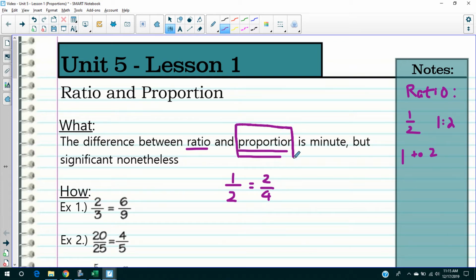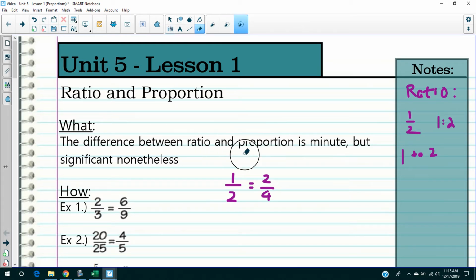That's the language of the topic here. Now, one of the first things I want to show you today is, if I give you two ratios, can you tell if they're in proportion? Which means, are they actually equivalent fractions? That's another way of looking at it.